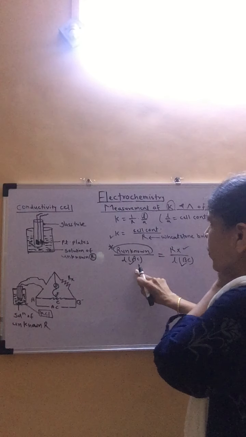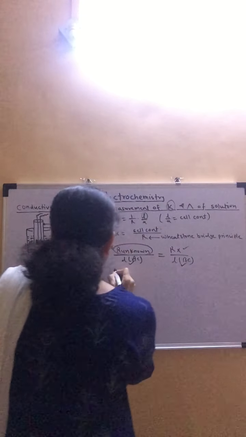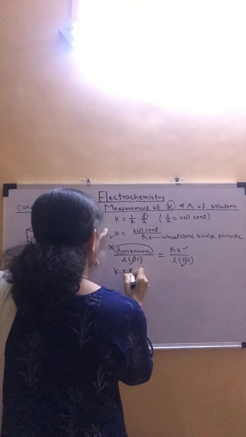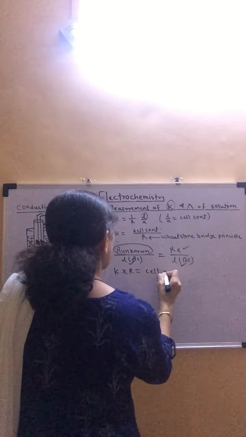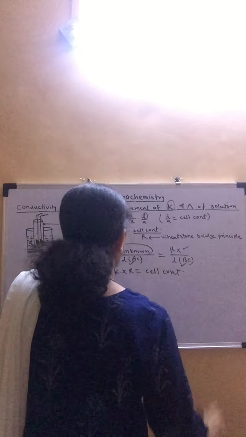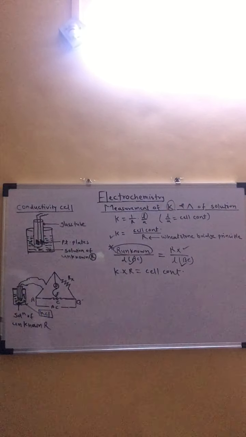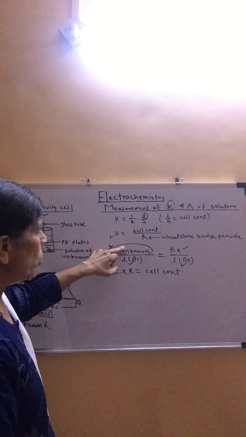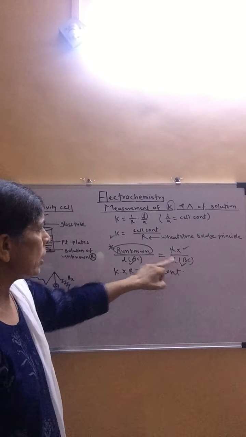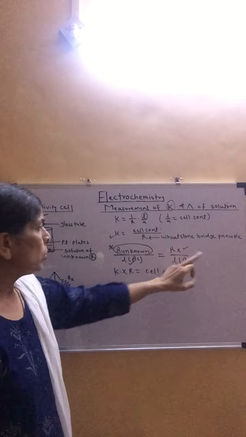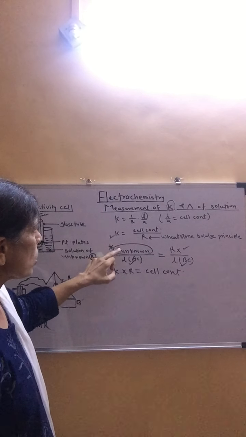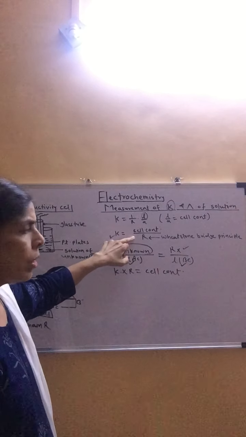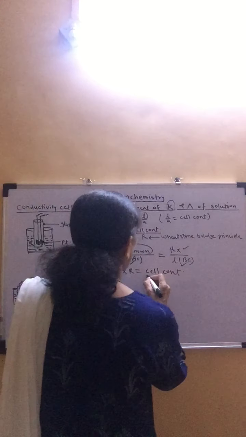So K into R is equal to cell constant. R can be determined with the help of this formula: R unknown is equal to Rx into LAC upon LBC. After determining R, we substitute it here and we are able to get the cell constant.